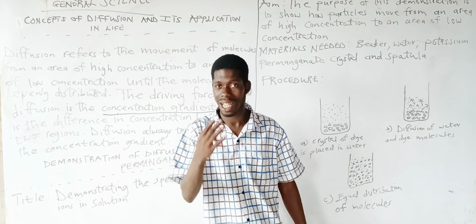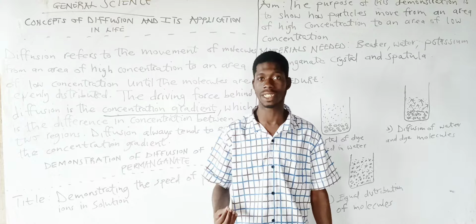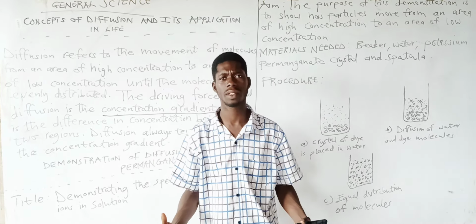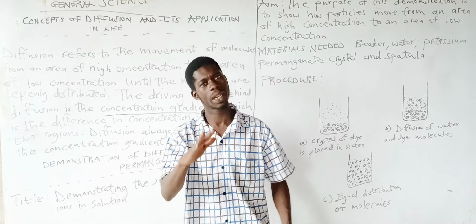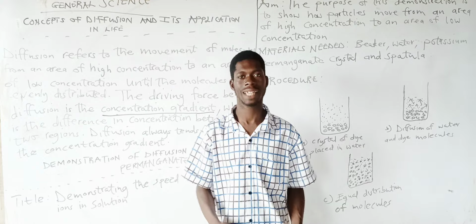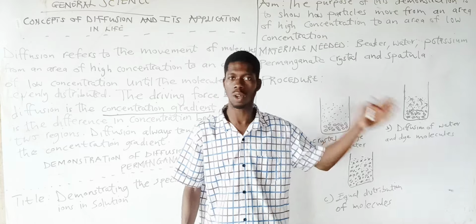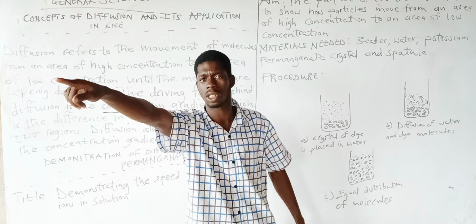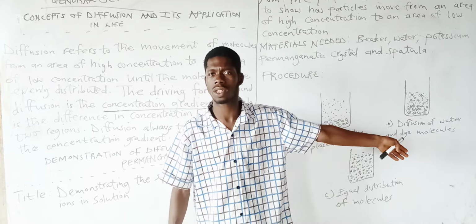Before diffusion will occur, it depends on the concentration gradient, the higher concentration and the lower concentration. So before diffusion occurs, one has to be higher concentrated, and the other one has to be lower concentrated.